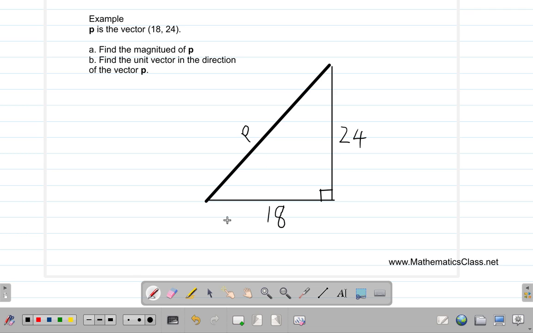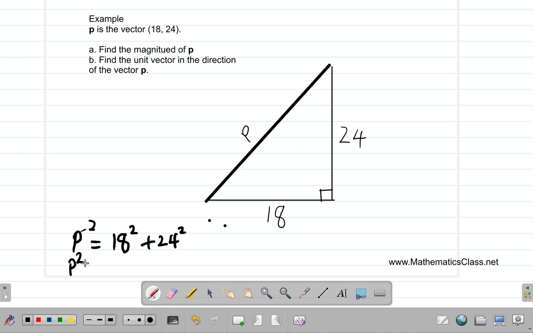So we're using Pythagoras theorem to find it. You remember your Pythagoras theorem, don't you? P squared, the hypotenuse squared, is equal to 18 squared, one of the sides squared, plus 24 squared, the next side squared.